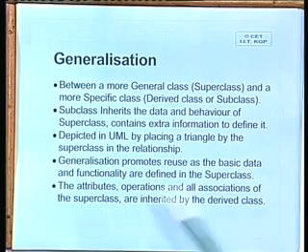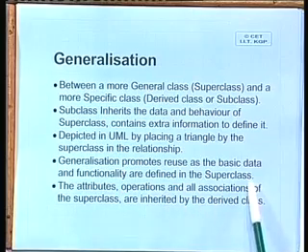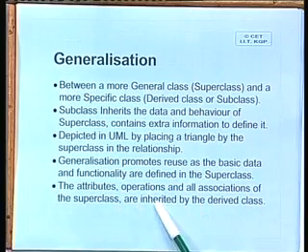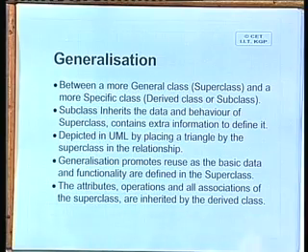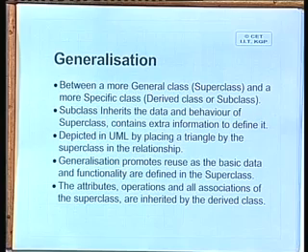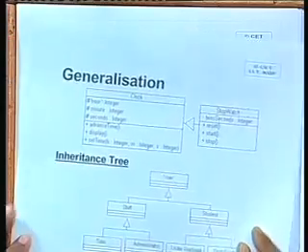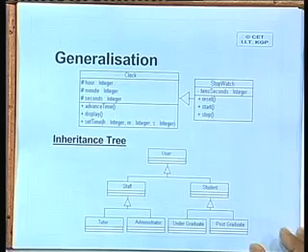So that is the advantage. The attributes, operations and all associations of the superclass are inherited by the derived class. Is it okay? So basically the subclasses own whatever is there in the superclass, as if it is a part of that.